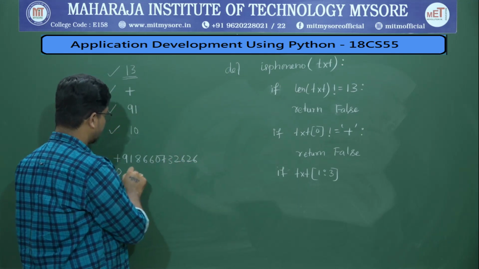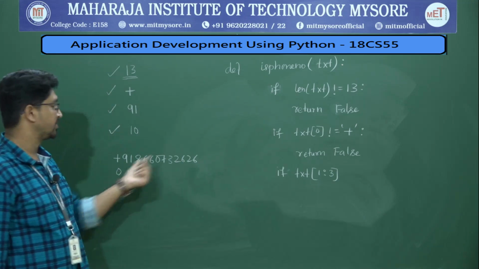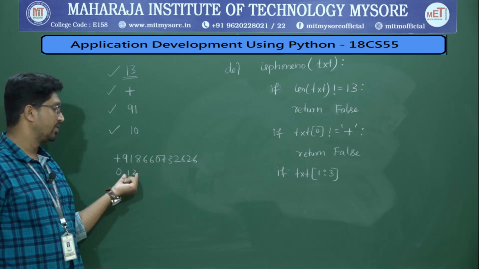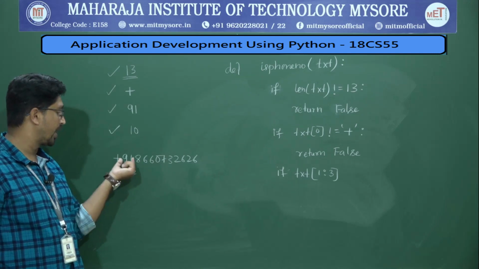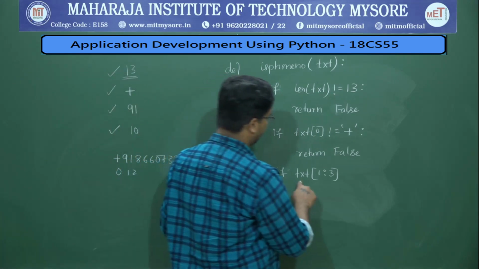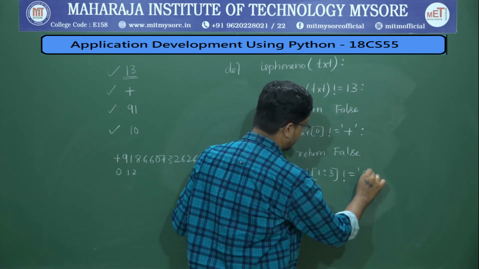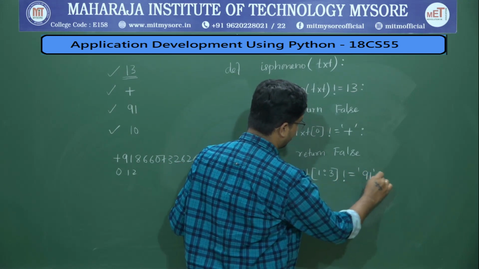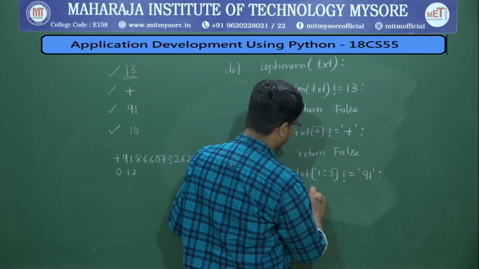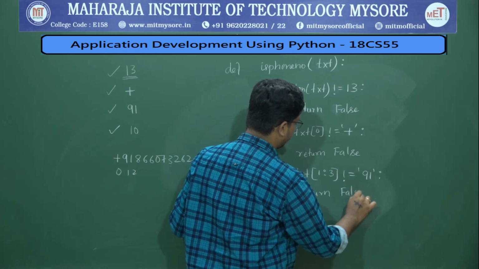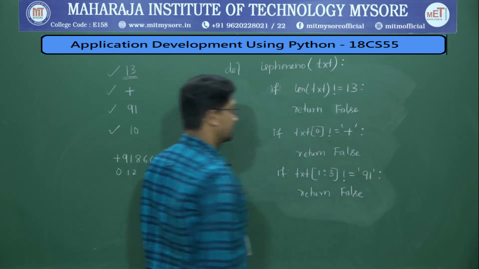So 0th character, first character, second character. First I am checking whether the 0th character is a plus symbol. Next I am checking whether characters 1 and 2 are 9 1. So if text of 1:3 is not equal to 9 1, then return false. This is one more return.